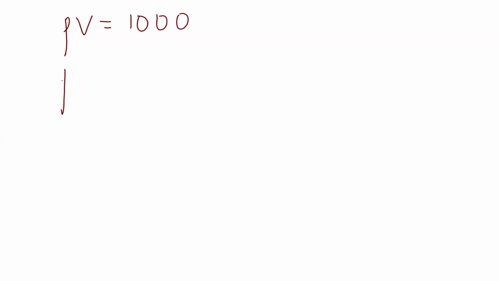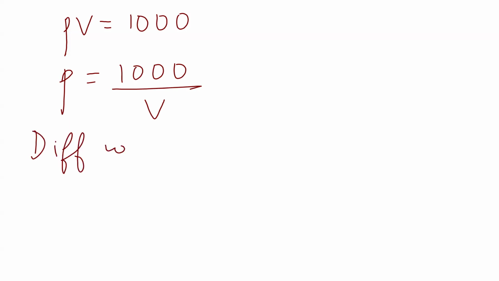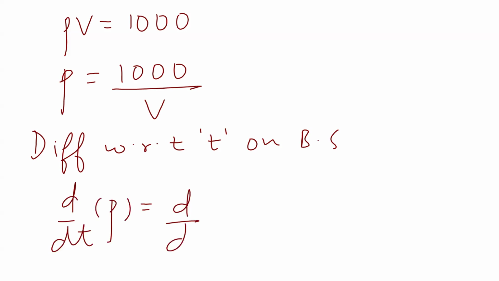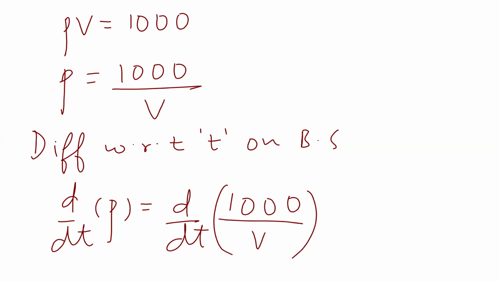Otherwise, you can take V on the other side, so P is equal to 1000 upon V. Now differentiating with respect to time on both sides, d by dt of P is equal to d by dt of 1000 upon V. Don't take the variable as X; if you take X as the variable, then X should be time.